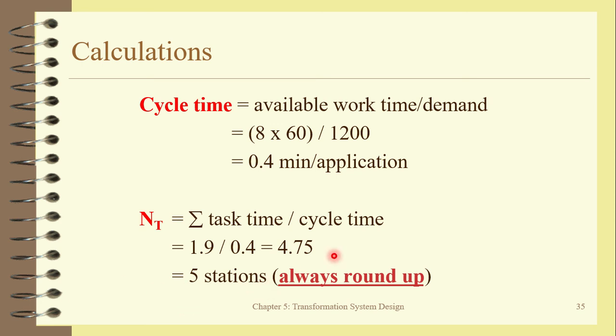Even though you got 4.1 or 4.01, the required number of workstations in theory is 5. Always round up. Theoretically, you need at least 5 workstations to do the job.